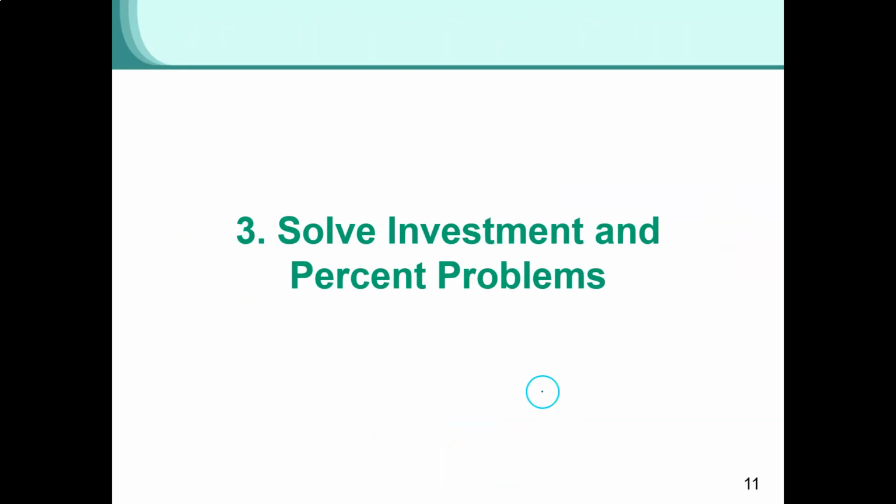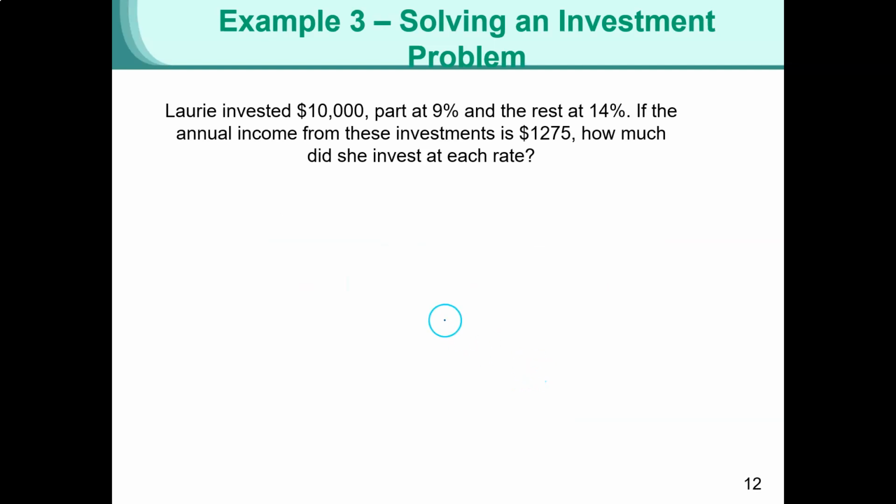Number 3. Lori invested $10,000 part at 9%, and the rest at 14%. If the annual income from these two investments is $1,275, how much did she invest at each rate? So this is the total amount she put into the two different investments.